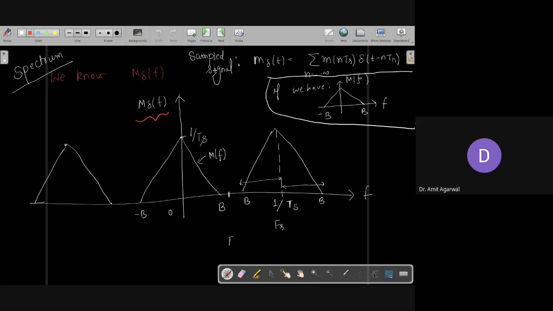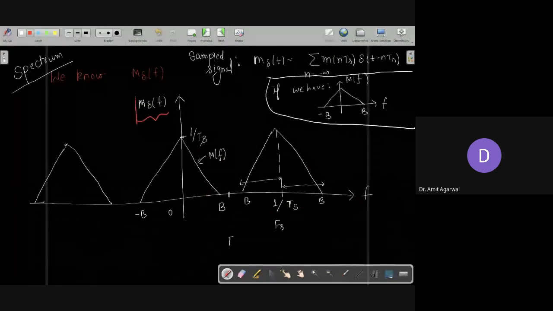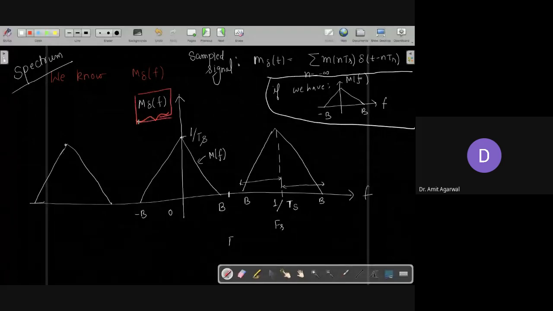So अभी क्या हो जाएगा? You will shift your message signal if magnitude is 1. So the Fourier spectra of your ideal sampled signal would look like this. Do you agree?